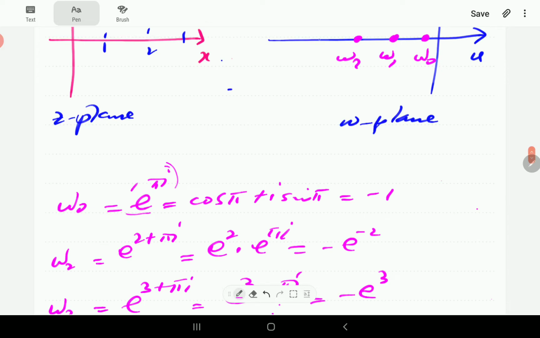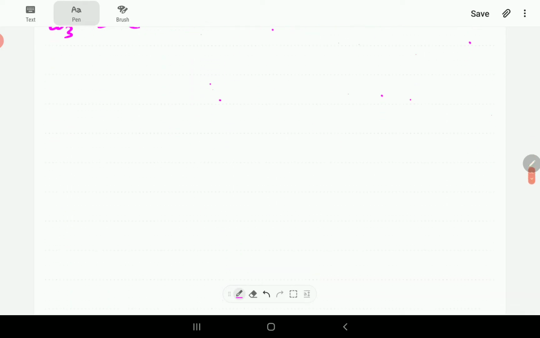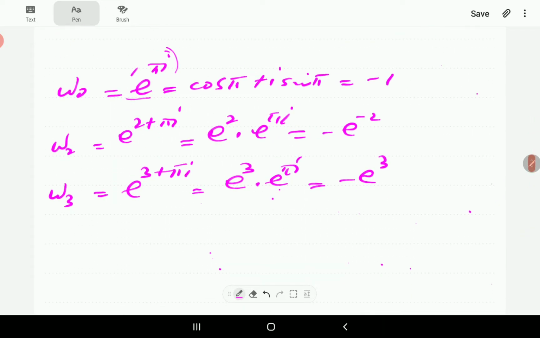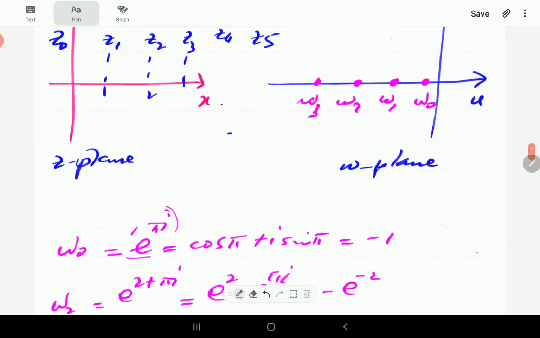So w3 is going to be somewhere there. Let's go back to w1. So w1 is e to the power 1 plus pi i, which is e times e to the pi i, negative e. So let's say that's that one there.